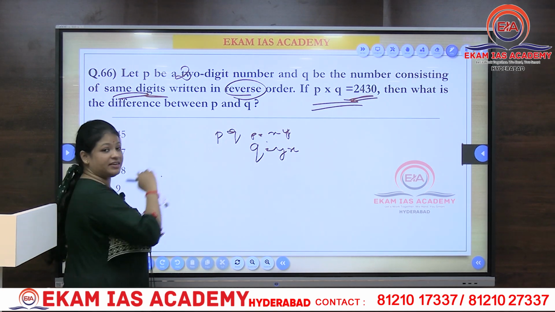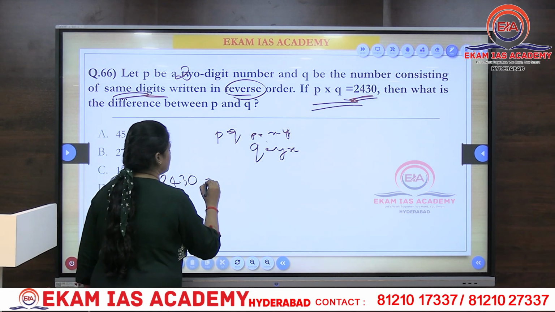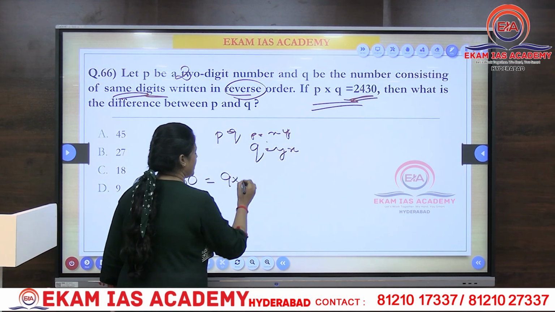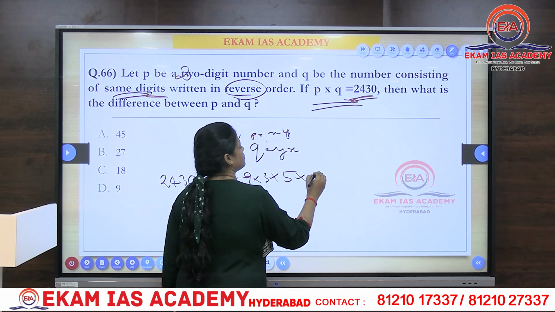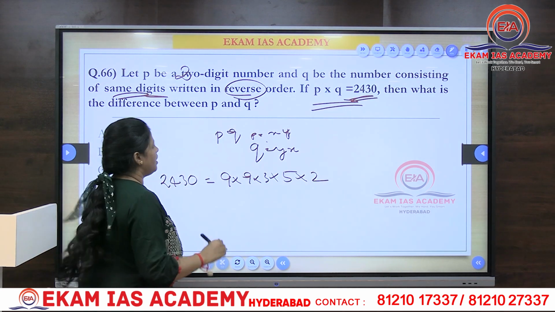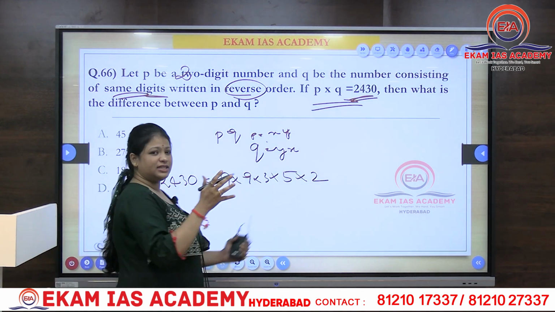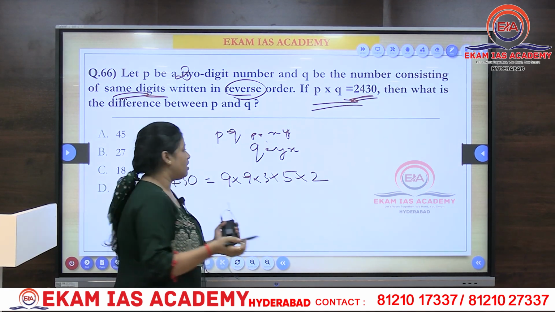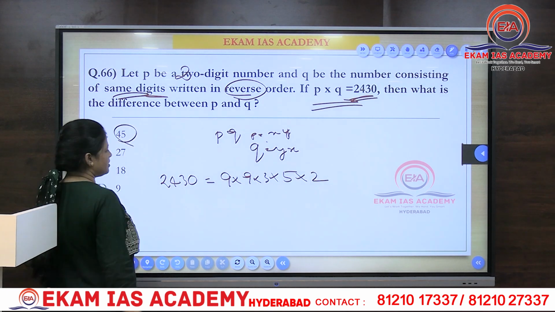So I'm going to factorize that product. 2430 can be written as 9 into 9 into 3 into 5 into 2. So I'm going to make the combinations of numbers where I can get this difference.